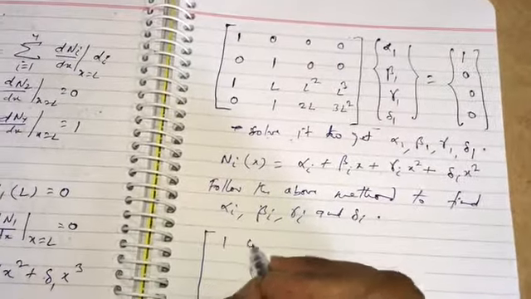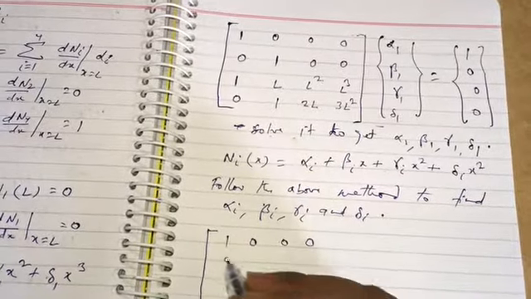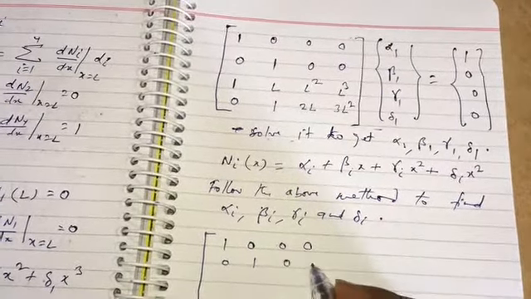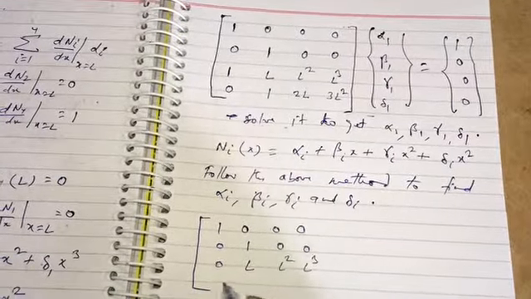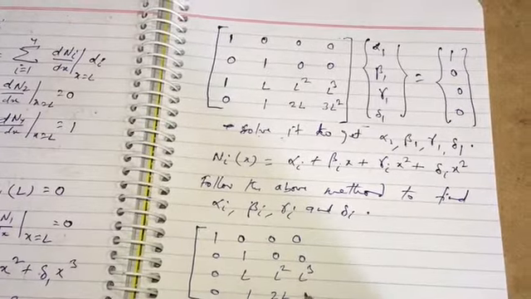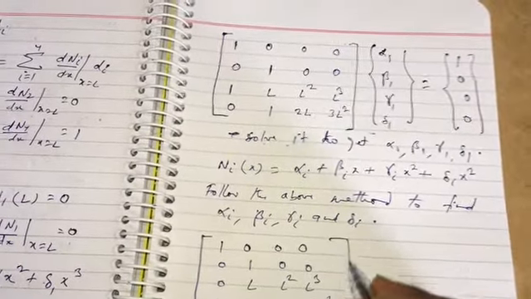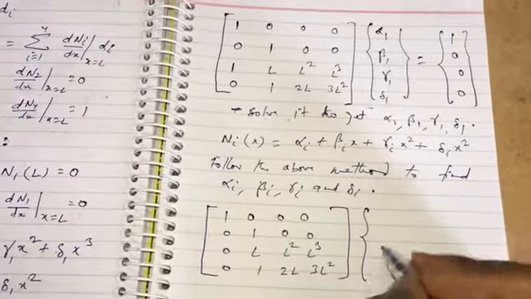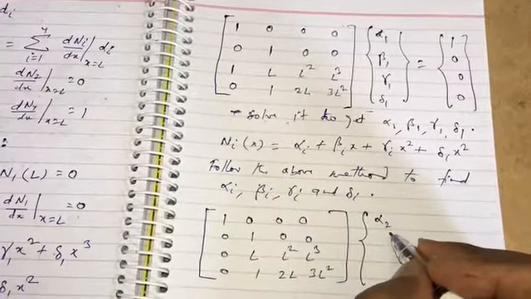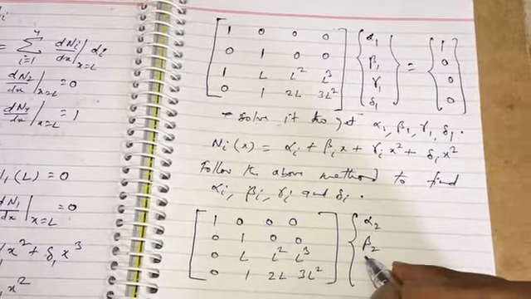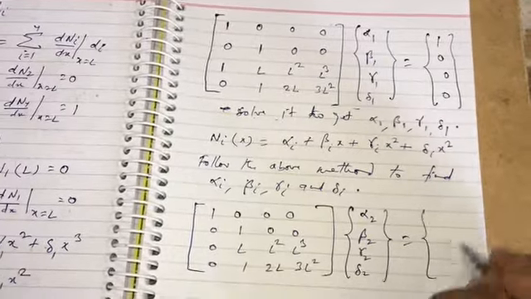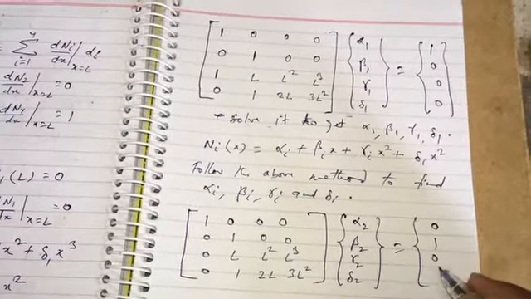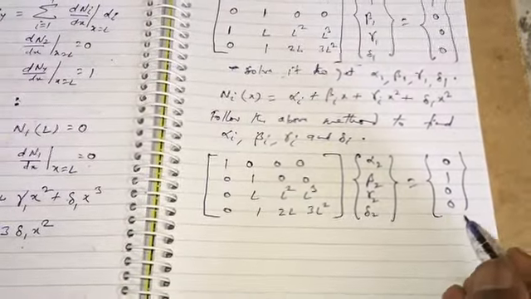So this will be 1 0 0 0, 0 1 0 0, 1 L L square L cube, and 0 1 2L 3L square. And here multiplied by alpha 2, beta 2, gamma 2, delta 2, and this will be equal to 0 1 0 0 in this case. So you solve this problem, you will find that.